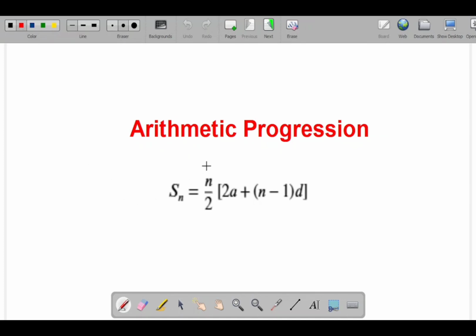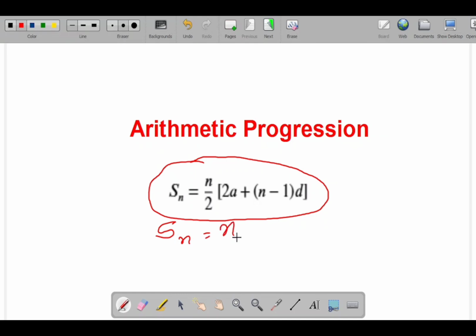This is the formula which we are going to use, and one more formula, Sn equals n by 2 times (a1 plus an). These two formulas for the sum of the terms of an arithmetic progression we are going to use in our video.